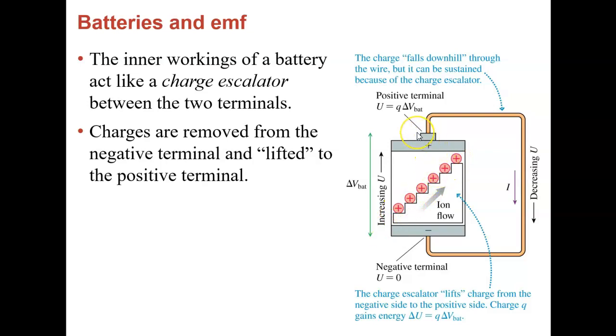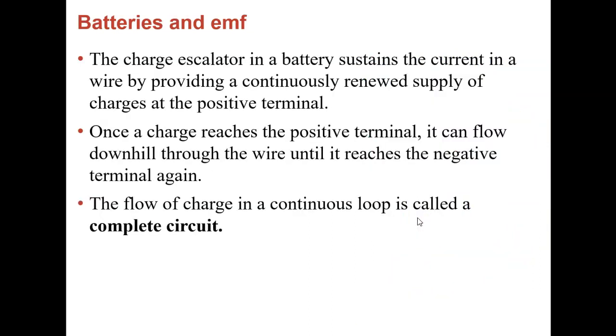So that positive terminal has a big amount of charge that gets pushed out all the way back around. The charge escalator battery sustains the current while providing a constantly renewed supply of charges to that positive terminal. And then once that charge reaches the positive terminal, it'll flow essentially downhill in terms of potential difference. And that flow of the charge in a loop is called a circuit.